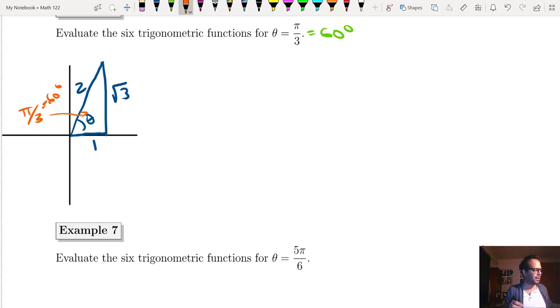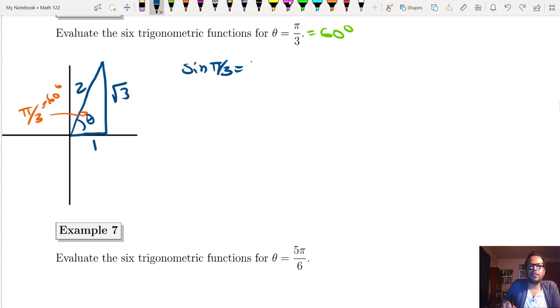Okay, so let's begin by evaluating sine. Sine pi over 3, which equals sine, by definition, opposite over hypotenuse.